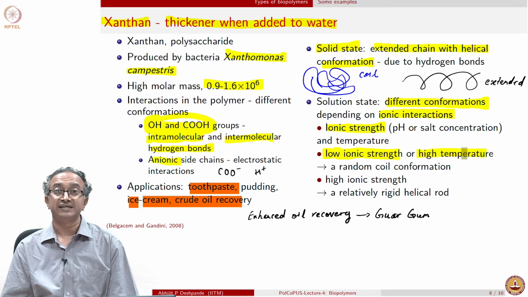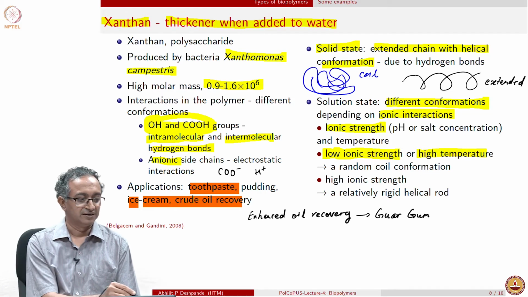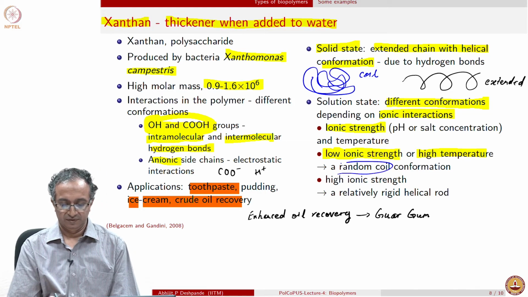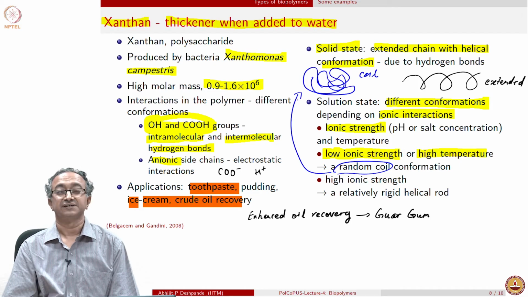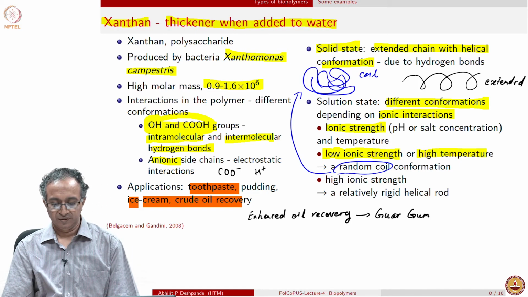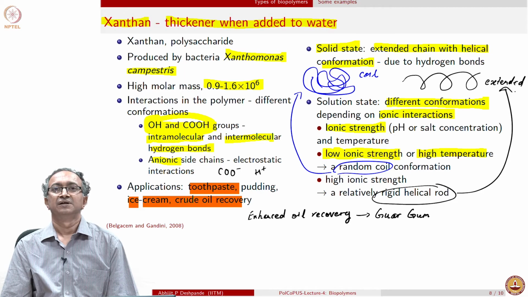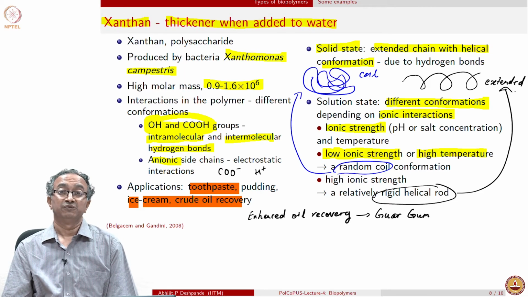So, when it is low ionic strength and high temperature, we have a random coil state, and if we have low temperature or high ionic strength, then we have a rigid helical rod.